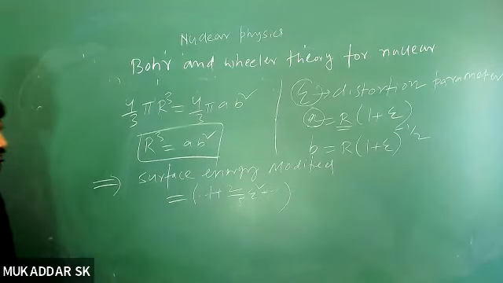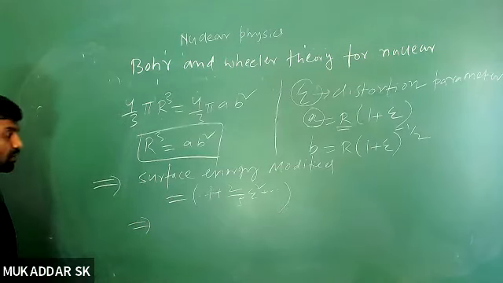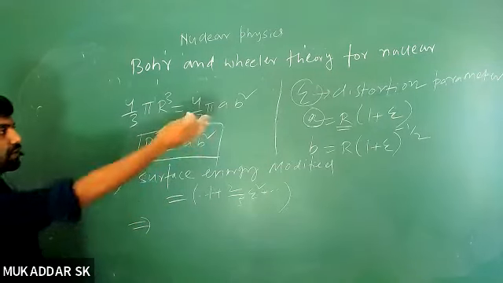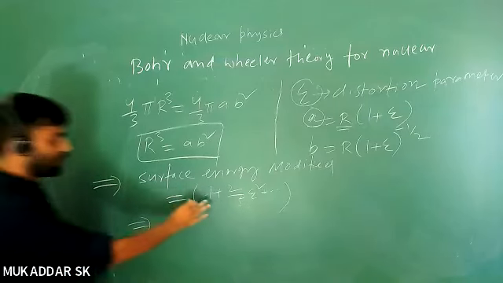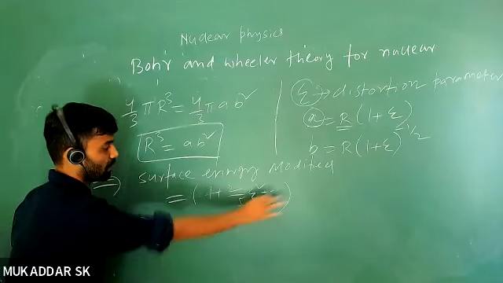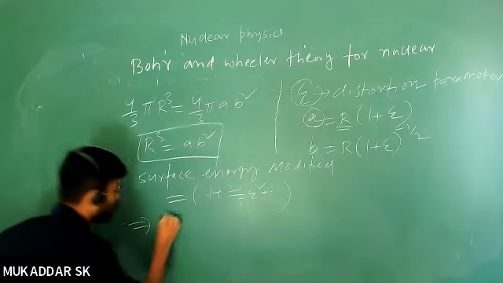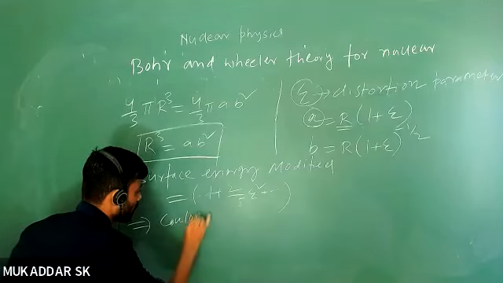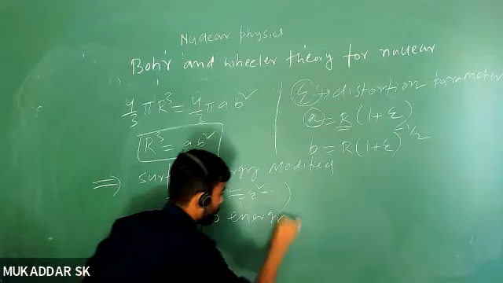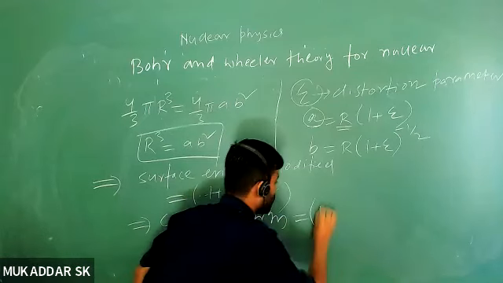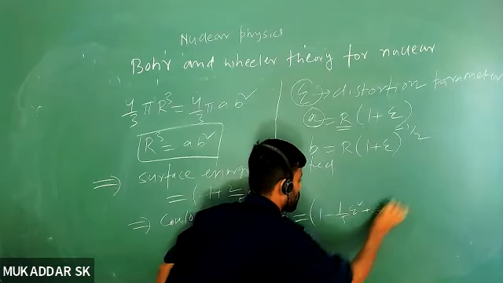Also there will be change in Coulomb energy. I am not deriving it, this is very rigorous calculation. So due to this change in shape, there will be change in surface energy, and that factor is 1 plus 2 by 5 epsilon square and so on. And Coulomb energy will be changed by a factor of 1 minus 1 by 5 epsilon square and so on.